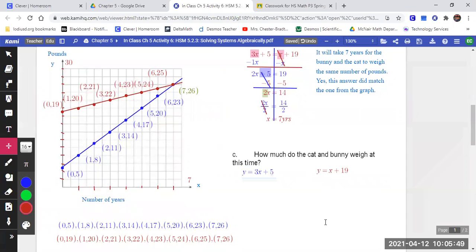Do we want to use the bunny's equation for the pounds and the cat's equation for the check, or the other way around? You choose. One of them is going to find the pounds, and one of them is going to check your solution for x and y. So who do we want to use to find the pounds? Bunny or cat?